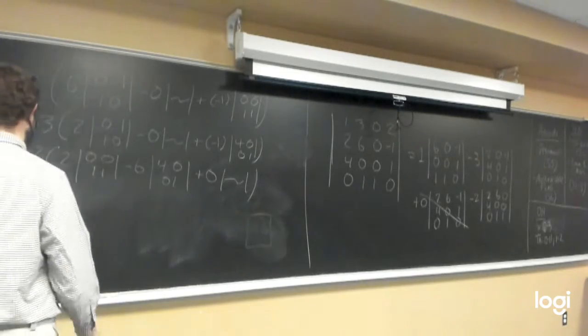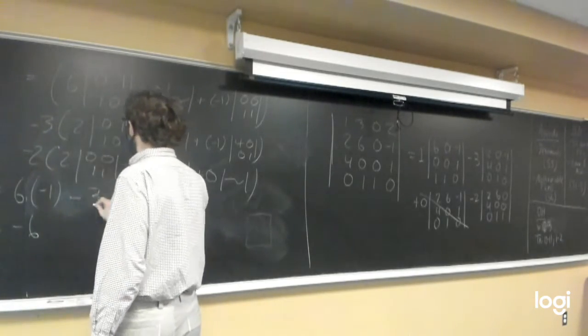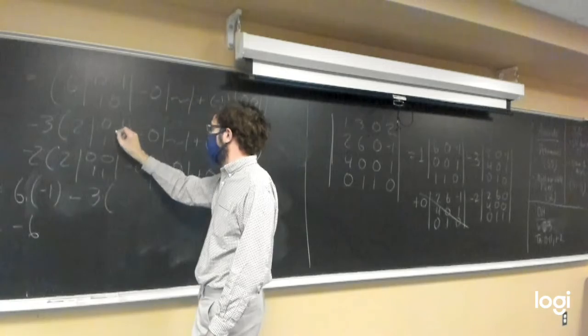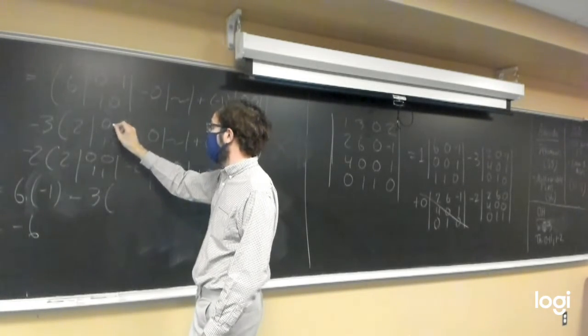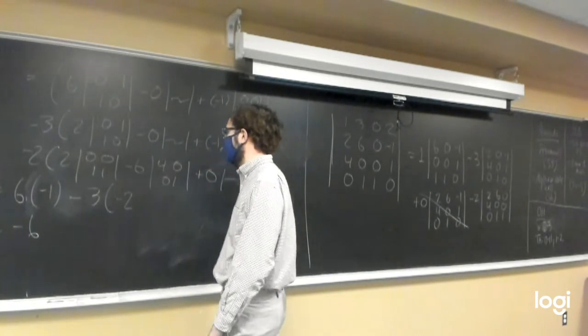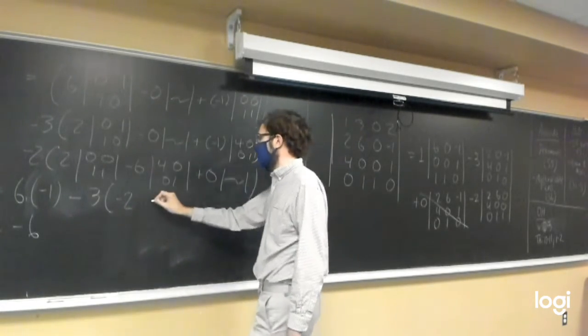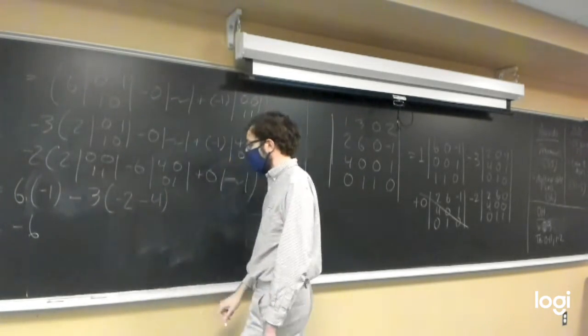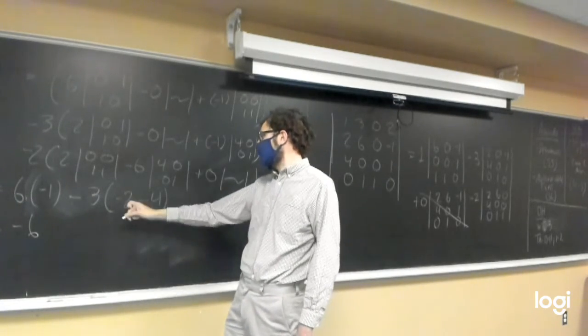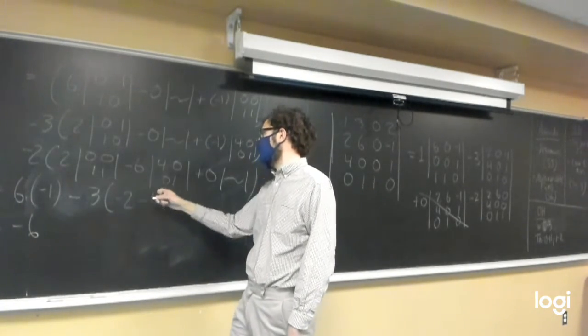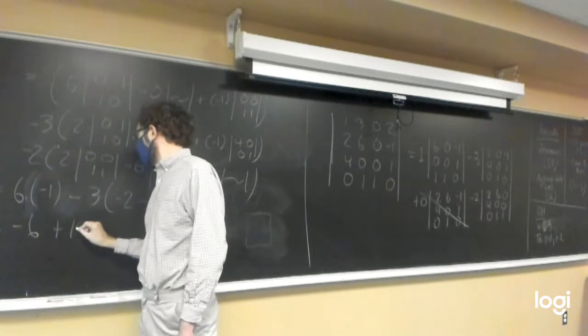In the second line, we're going to have a minus 3 times the expression 0 minus 1 is negative 1 times 2 is negative 2. 4 minus 0 is 0, so we'll have a negative 2 minus 4, which when we evaluate will come to negative 3 times a negative 6, becomes a plus 18.